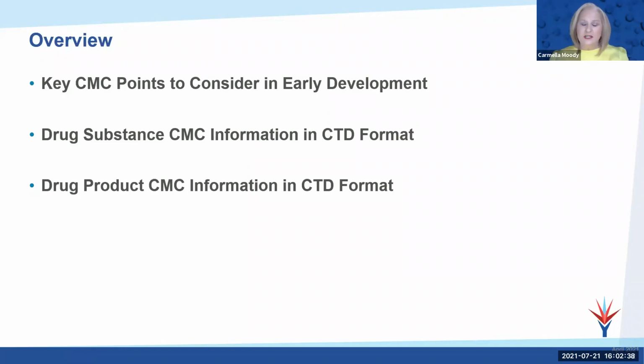And then we're going to go on over to some specific information for you to think about and to make sure that you have available to go into your manufacturing section of your application for the drug substance. And then we're going to go through a few things for drug product.